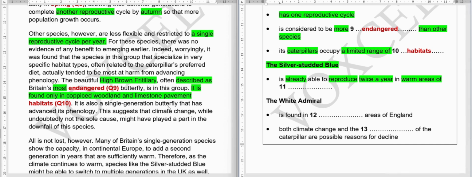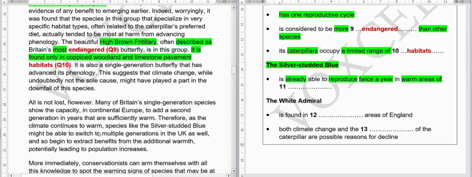It's also a single generation butterfly that has advanced in its phenology. This suggests that climate change, while undoubtedly not the sole cause, might have played a part in the downfall of this species. All is not lost, however. Many of Britain's single generation species show the capacity in continental Europe to add a second generation in years that are sufficiently warm.